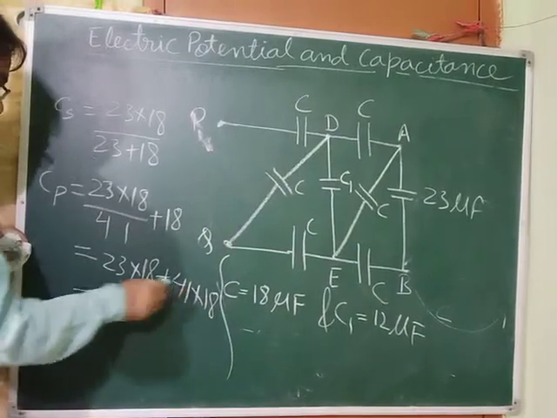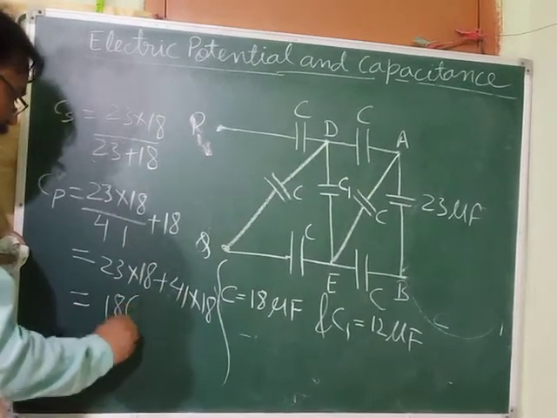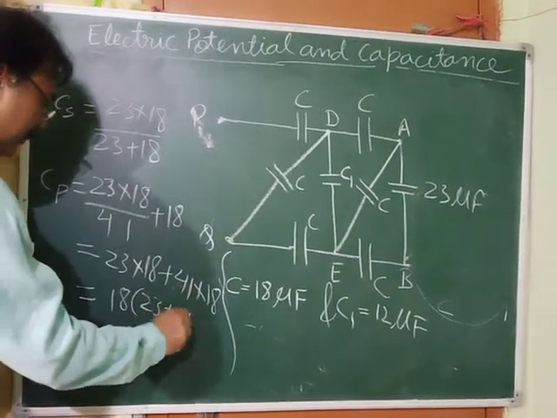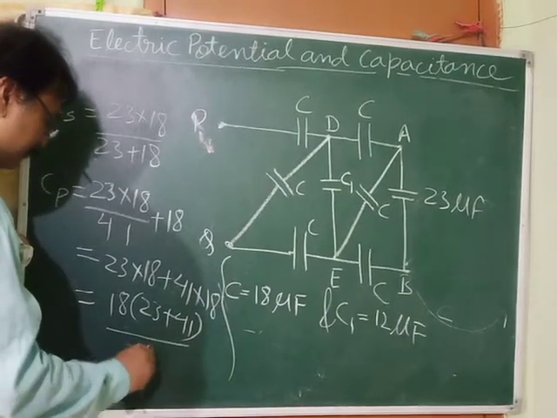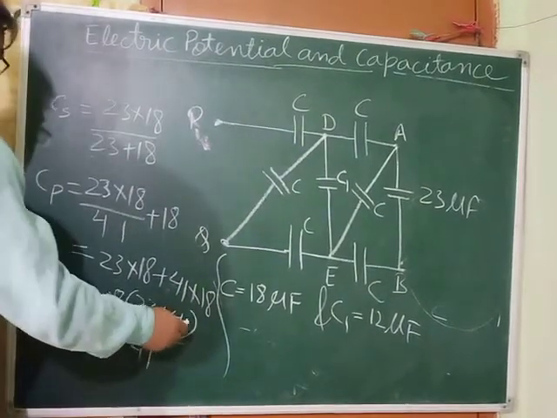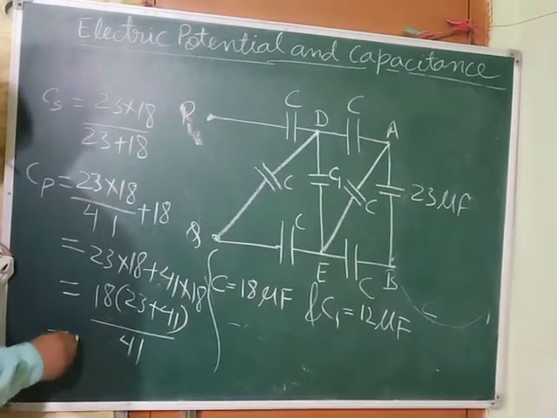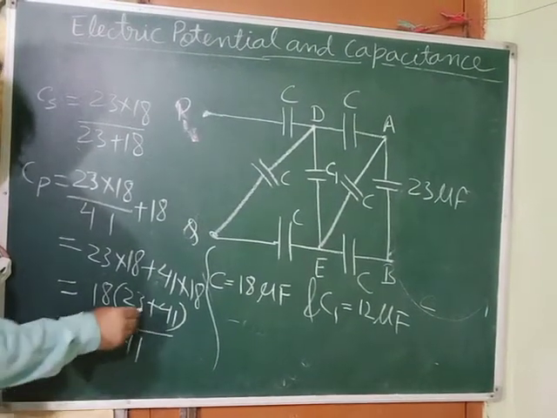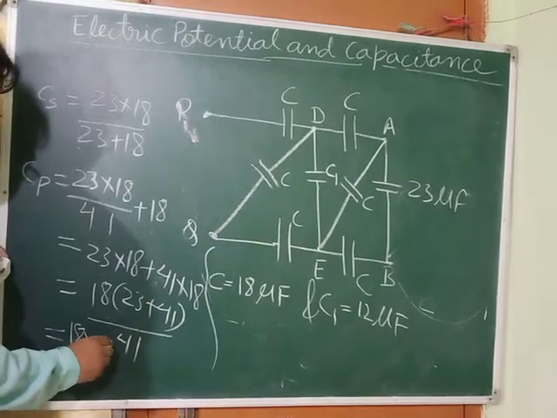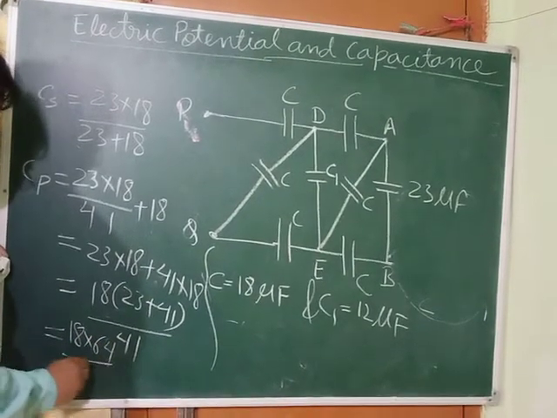So we can take this 18 common. We will have 23 plus 41 by 41. Now 41: 3, 1, 4 and 4 plus 2, 6. So we will get 18 into 64 by 41.